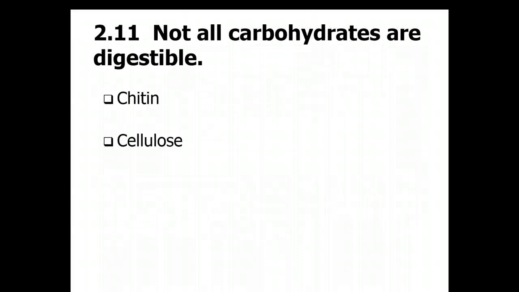Not all carbohydrates are digestible. Chitin and cellulose are two examples. These have to be broken down, at least in the case of cellulose, by bacteria. The only difference in how these are linked together is sort of like linking upside down, so enzymes or normal processes have trouble breaking these bonds.